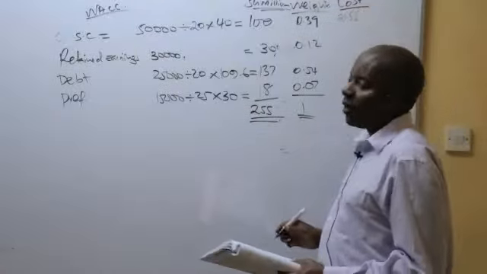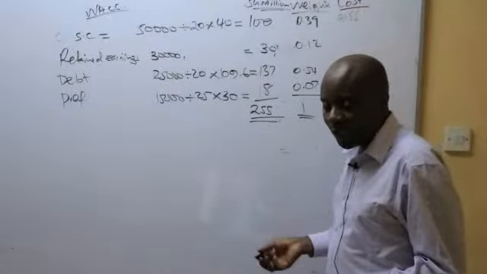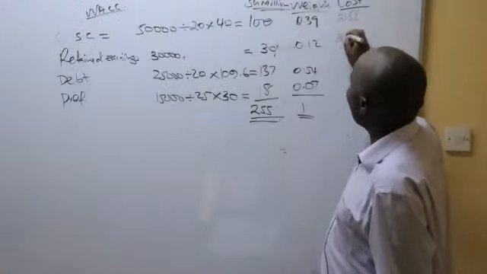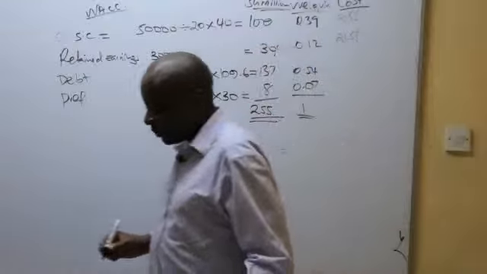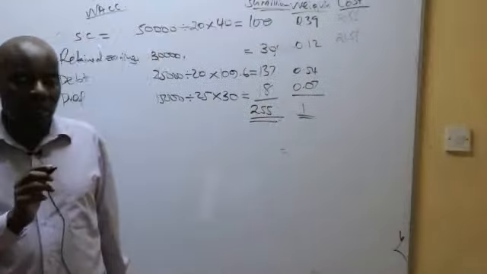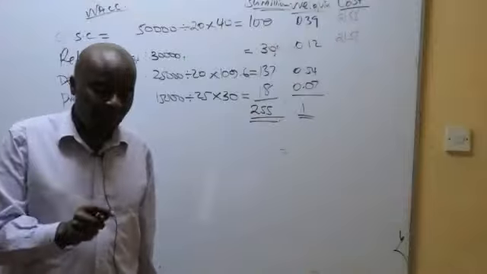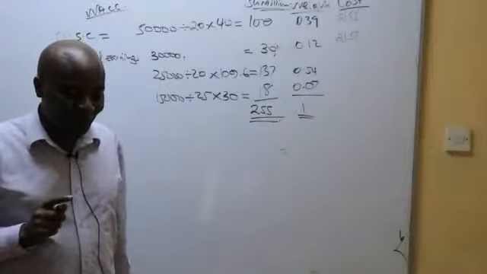Retained earnings, of course, falls under equity. It will also be 21.5%. But remember, ladies and gentlemen, these two only have the same figures because we don't have flotation.